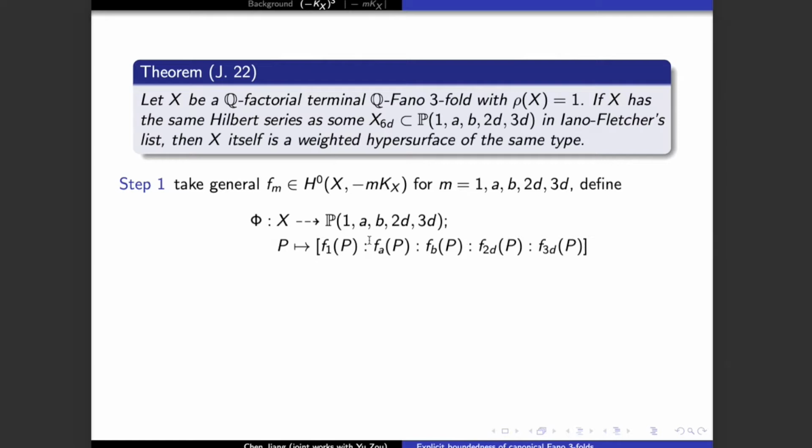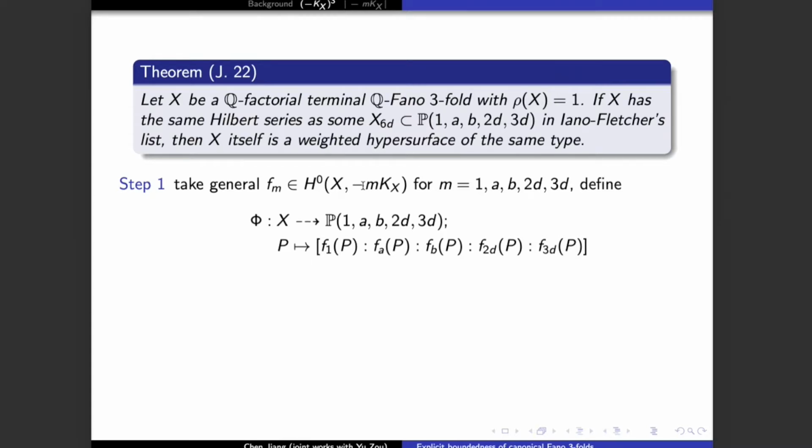So we just take a general element in the global sections of minus mK for m equals this certain number 1, a, b, and 2d and 3d, and by this element we can define a rational map, just like we define a rational map by global sections of a line bundle.